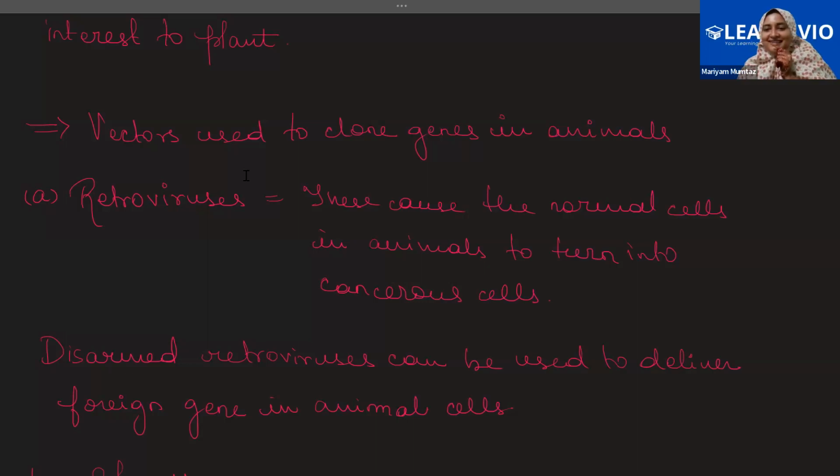What is the silence? Where have you heard about retroviruses? None of you have heard about retrovirus.